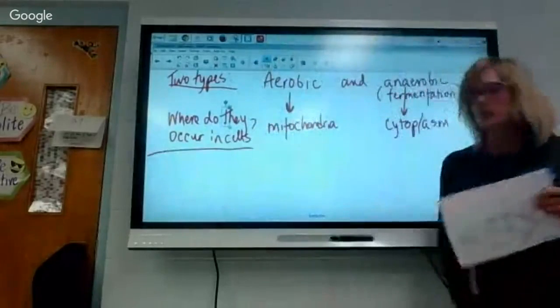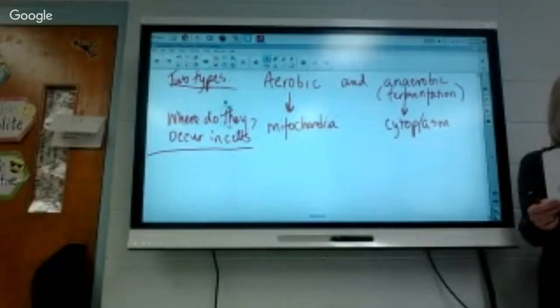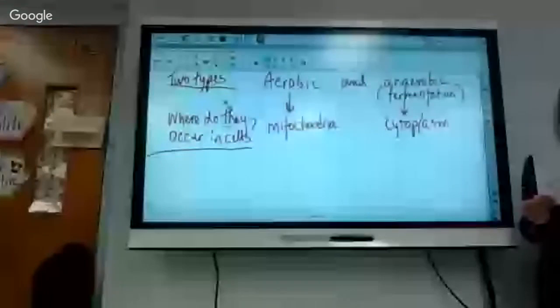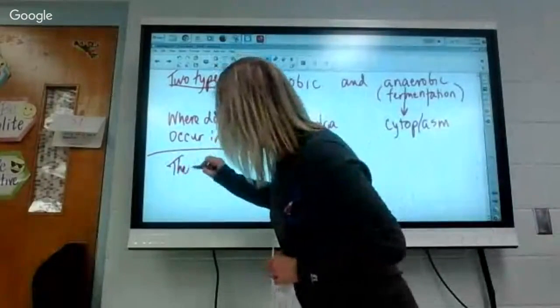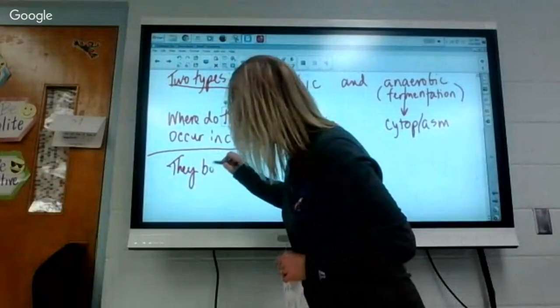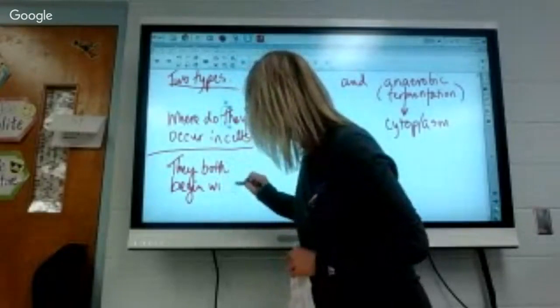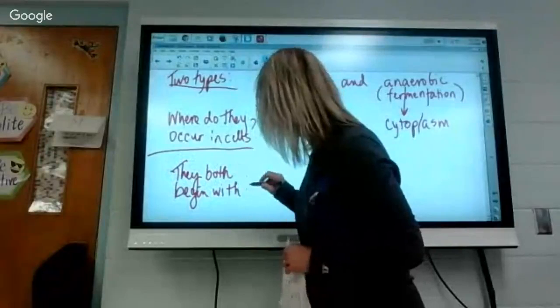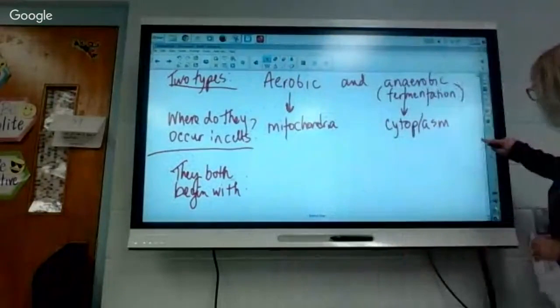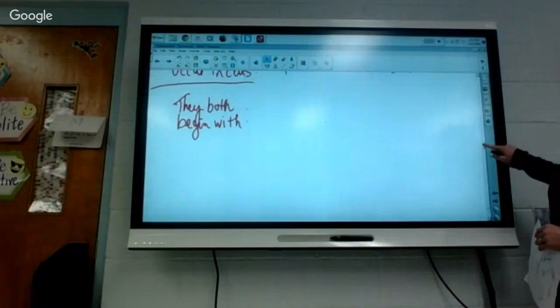Okay, so we've got what it is, the two types, where they occur. What do both types start with? They both begin with glucose and the splitting of glucose.